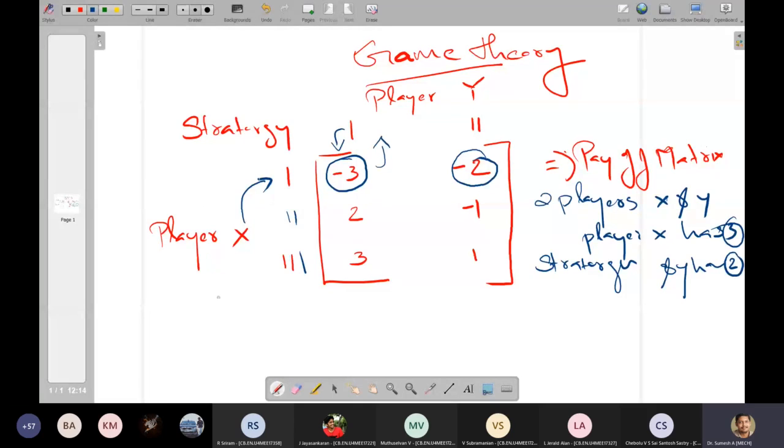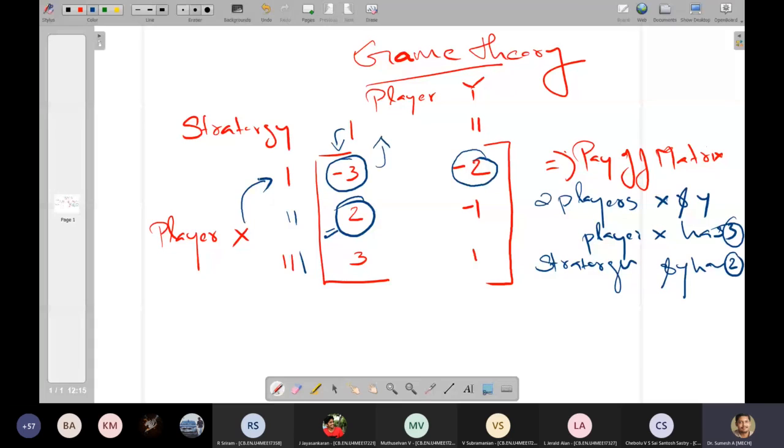So that is the information you can get from this payoff matrix. This is basically called the payoff matrix. From this matrix you can obtain what is the advantage, what is the gain.